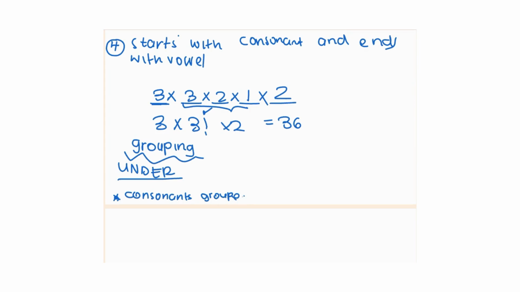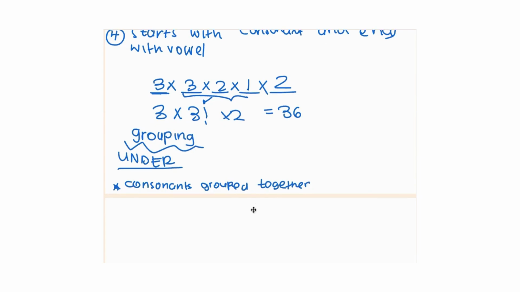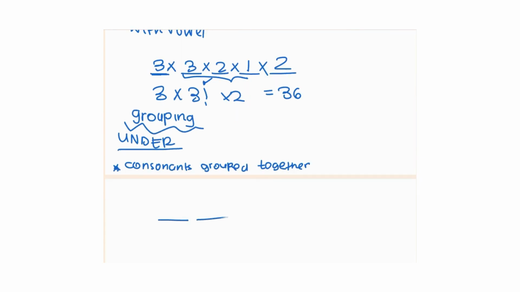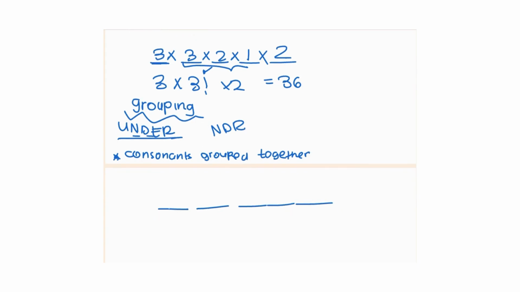Okay, so I'm going to write my 5 spaces because we are still using the word under. Which consonants do we have? We have N, D, and R. So we always want N, D, and R together, so I'm just going to write N, D, and R there, but I'm going to circle them. I will tell you just now why I'm circling them.